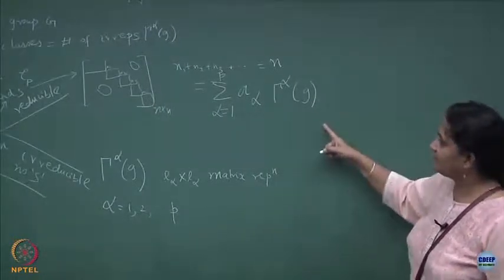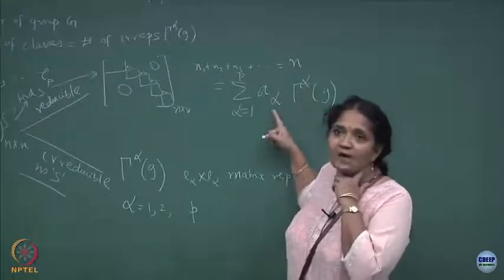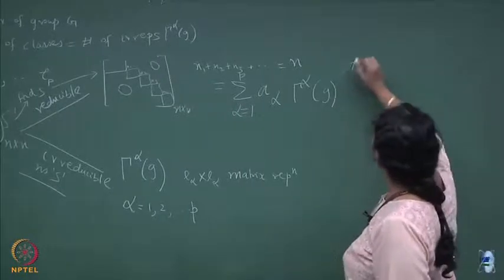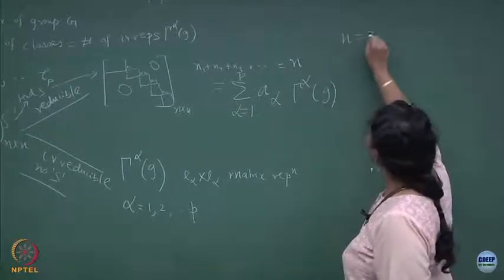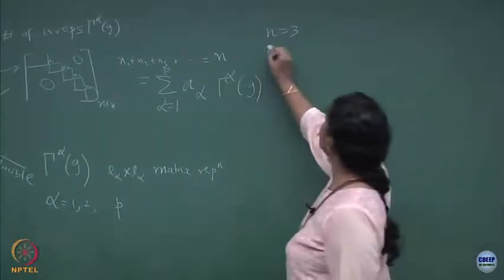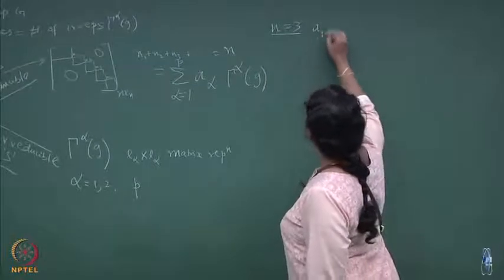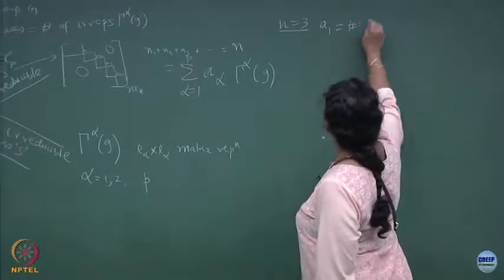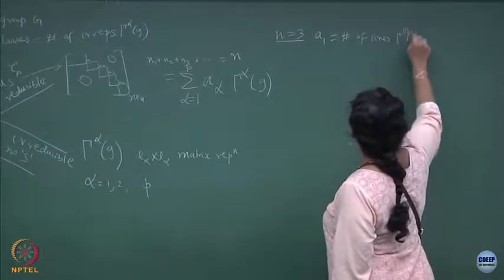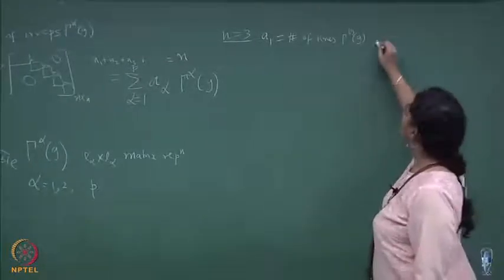The meaning of this is, let us look at n equal to 3. For example, let us say that A1 is the number of times gamma 1 of G, this is an irrep notation, occurs.